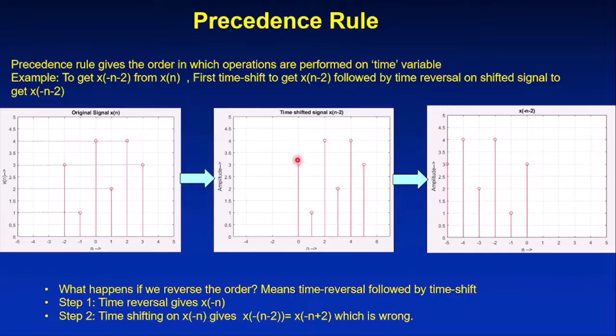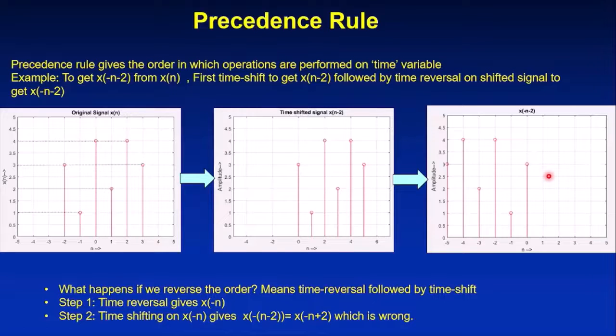But the sample at n equal to 0 will remain as it is, it doesn't change, because minus 0 and plus 0 are the same. So this will be the new signal, x of minus n minus 2. So first we perform time shifting, followed by time reversal. This is the correct order.